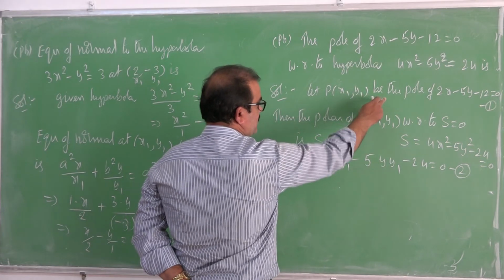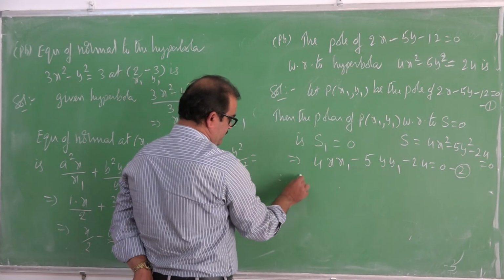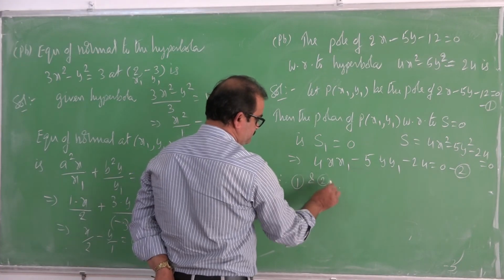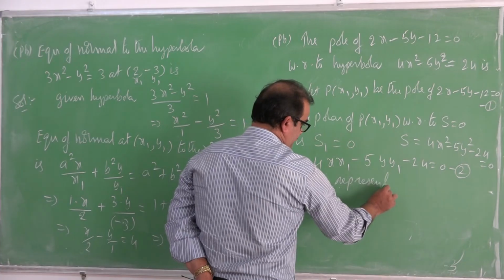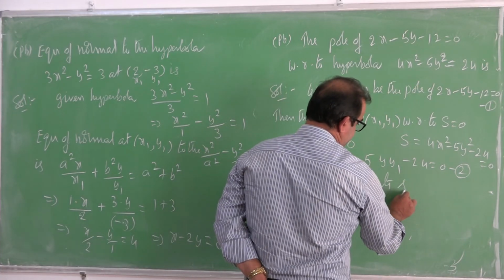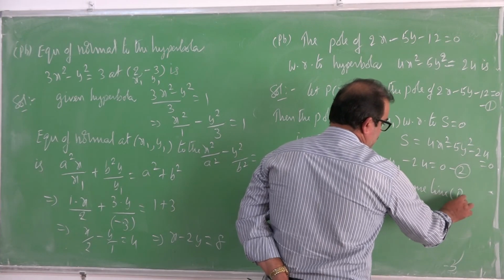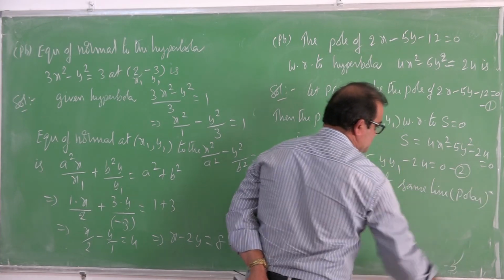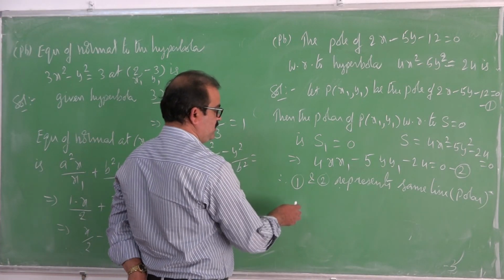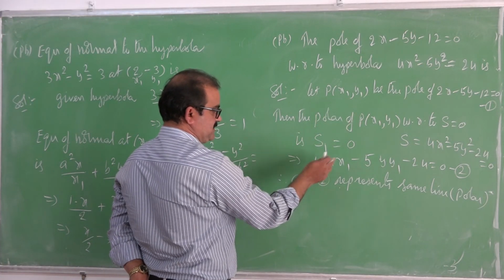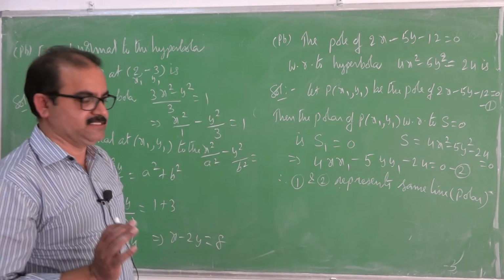Equation 1 is polar, equation 2 is also polar. So, equations 1 and 2 represent the same line. What is that same line? Polar. Both equations represent polar of the point P(x1, y1). When two equations represent the same line, then the ratios of their coefficients are equal.